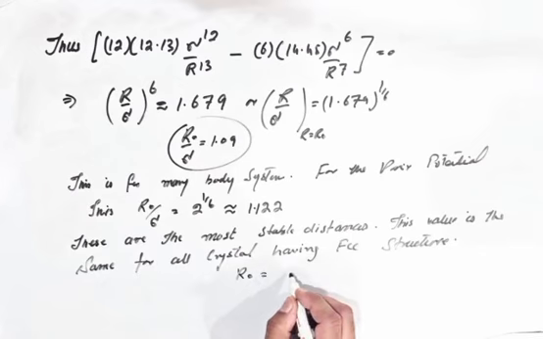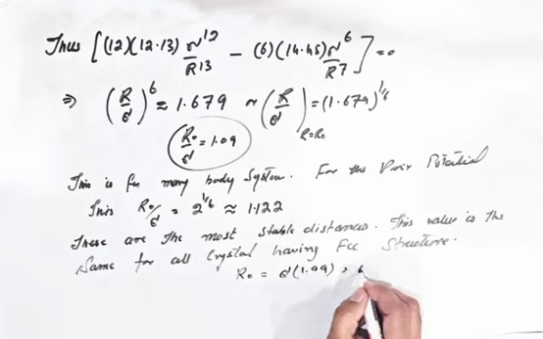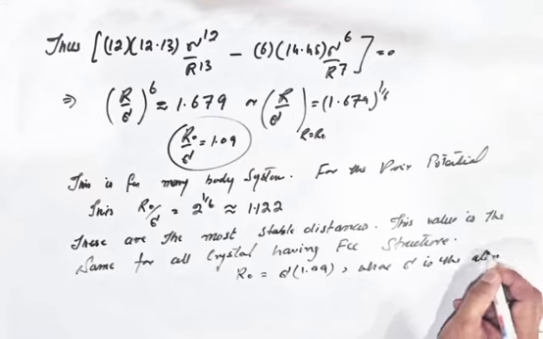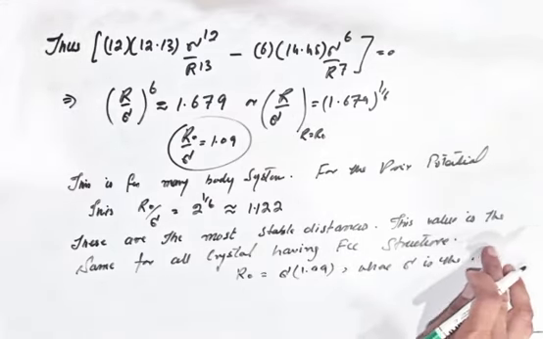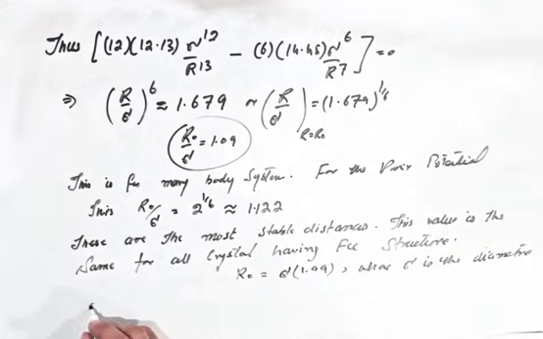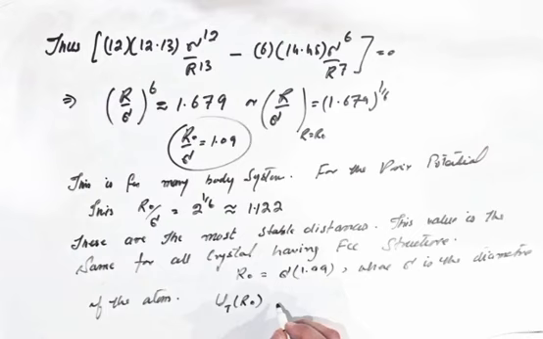We can also write R naught equals 1.09 sigma, where sigma is the diameter of the atom. Similarly, the cohesive energy at R naught is minus 2.15 times 4 N epsilon.